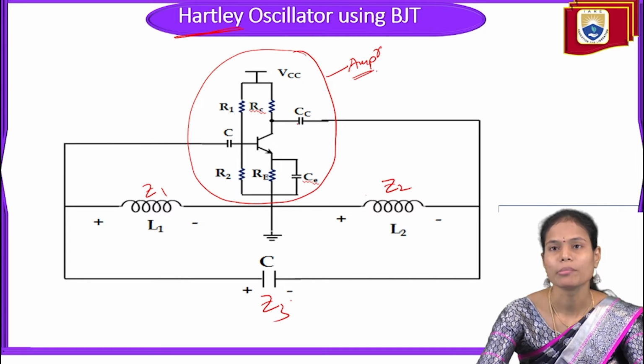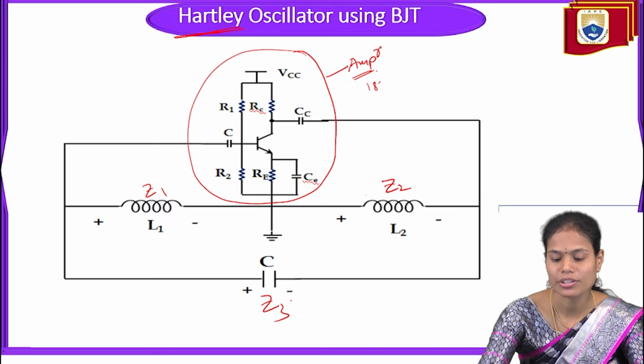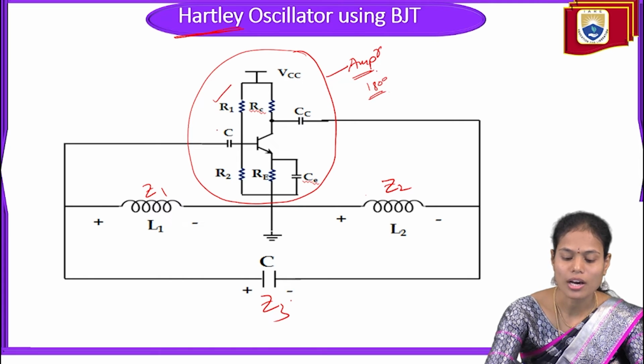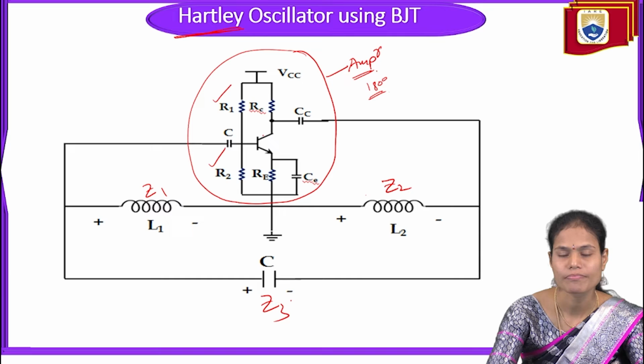Coming to the amplifier circuit, it is the common emitter amplifier, so it will introduce the 180 degrees phase shift. For this circuit, the R1, R2 resistances provide the required biasing for the transistor, operate the transistor in the active region, and maintain the proper operating point in order to get a stabilized signal.